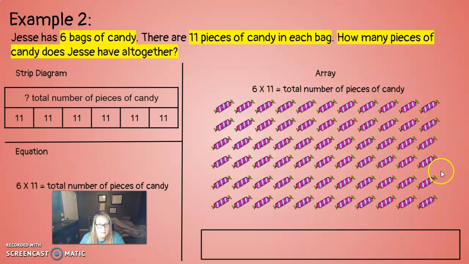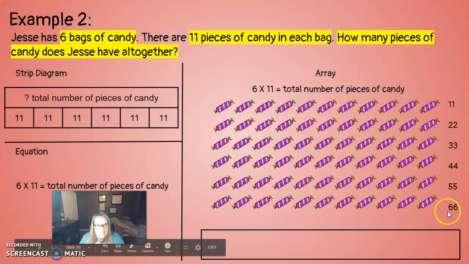And I'm going to write down the number 44. 45 through 55. And I'm going to write down the number 55. 56 through 66. And I'm going to write down the number 66. And that helps me in case I get lost on where I'm counting.